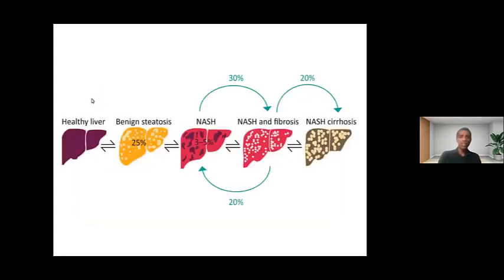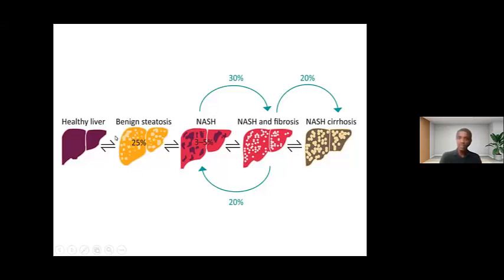So you should know the natural progression of NAFL and NASH. You start with a healthy liver. About 25% of patients can progress to benign steatosis, where by doing an ultrasound you can diagnose the fatty liver disease, called non-alcoholic fatty liver disease. Unless you do anything, about 3 to 5% of patients progress to NASH, where the patient has transaminitis, with elevation of the SGPT and the SGOT.